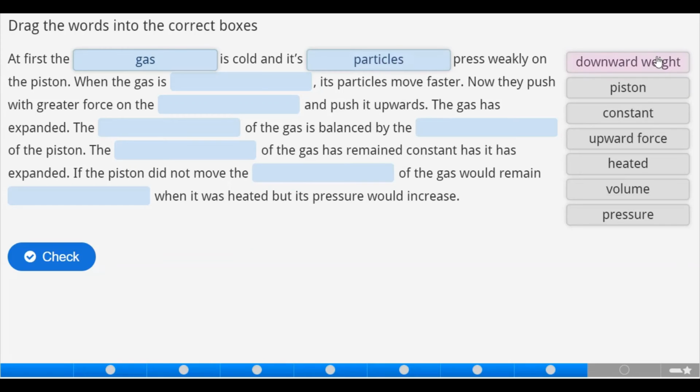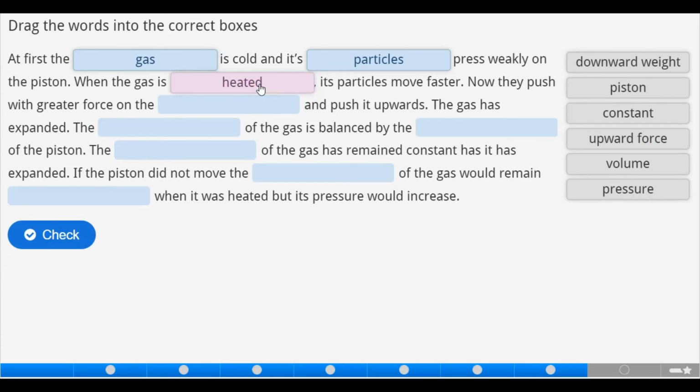When the gas is heated, dealing with gas now, its particles move faster. Now they push with greater force on the piston and it pushes upwards.